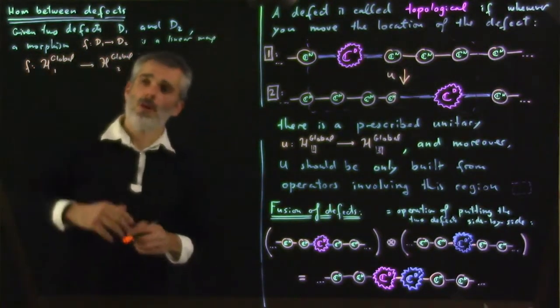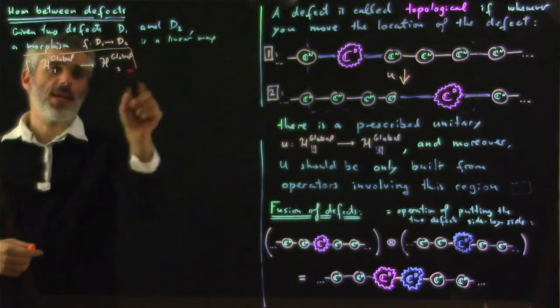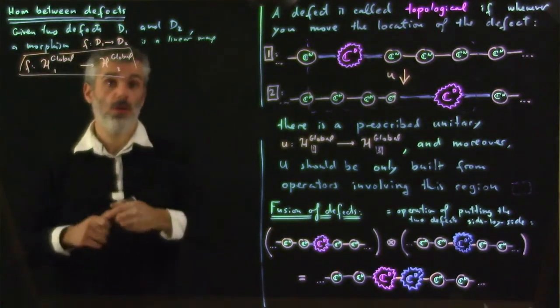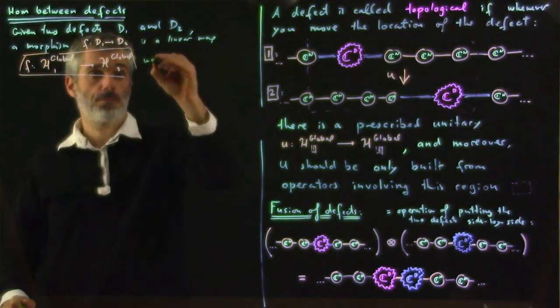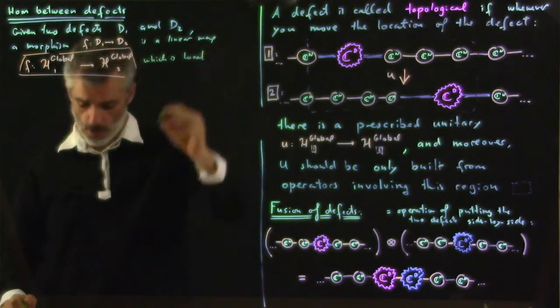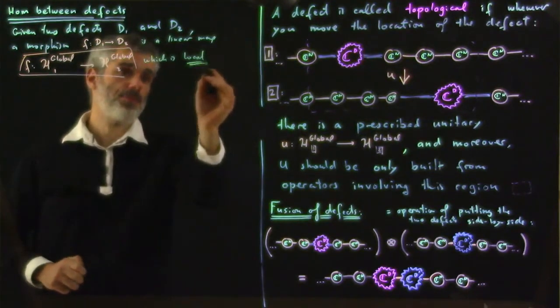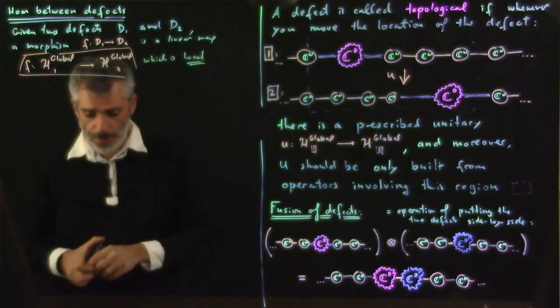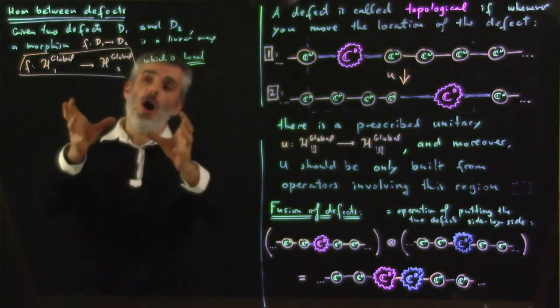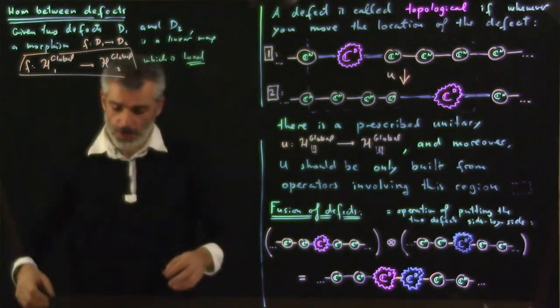And moreover, we require this map here to be local, i.e., only built out of the local Hilbert spaces in a small neighborhood of the defect point.